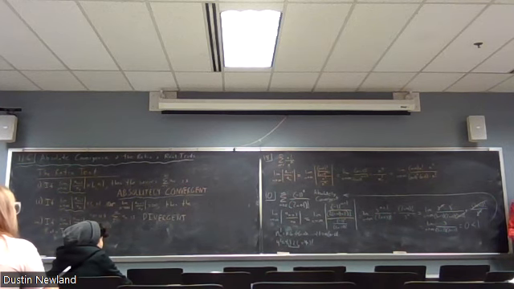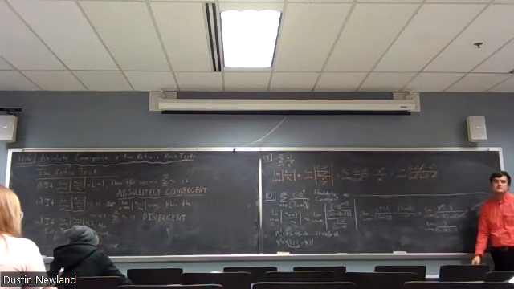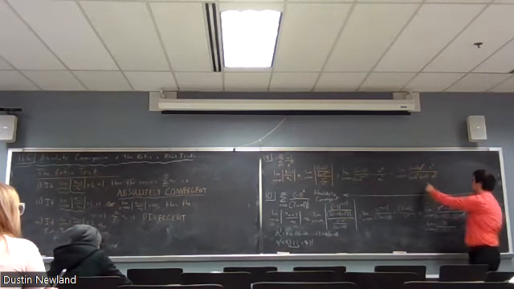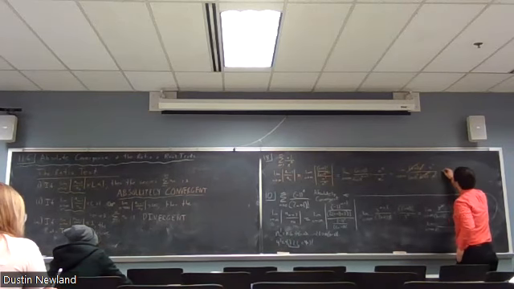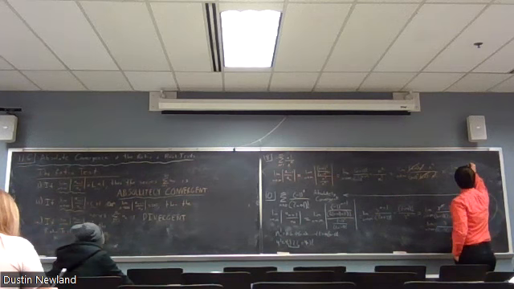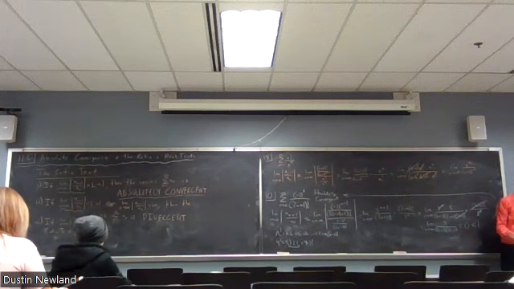Oh, the n factorial will cancel. Anything else? n plus 1, right? So we're going to be left with the limit as n approaches infinity of n to the n over n plus 1 to the n.